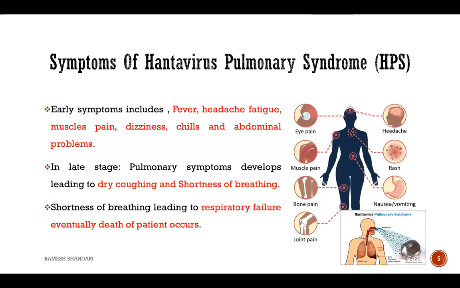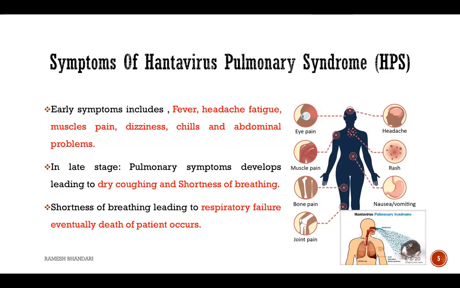In the early stage, the person develops fever, headache, fatigue, muscle pain, dizziness, chills, and abdominal problems such as abdominal pain or diarrhea.